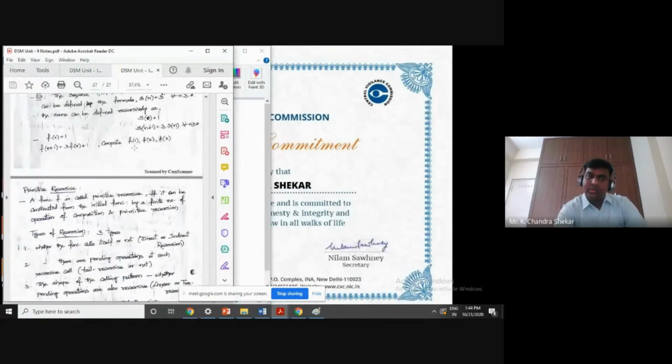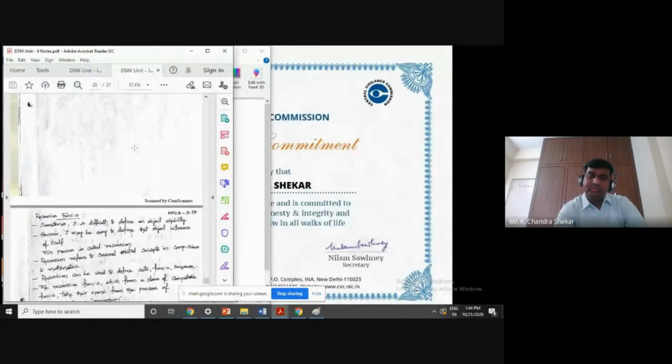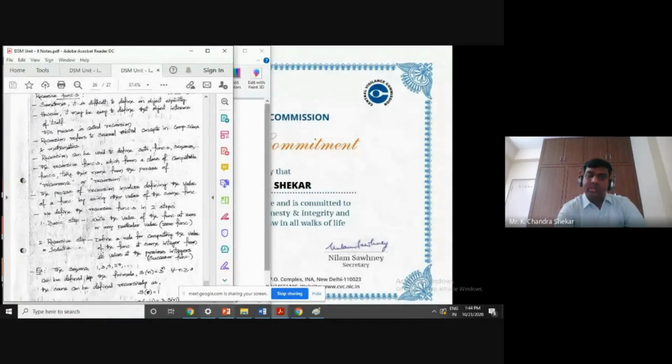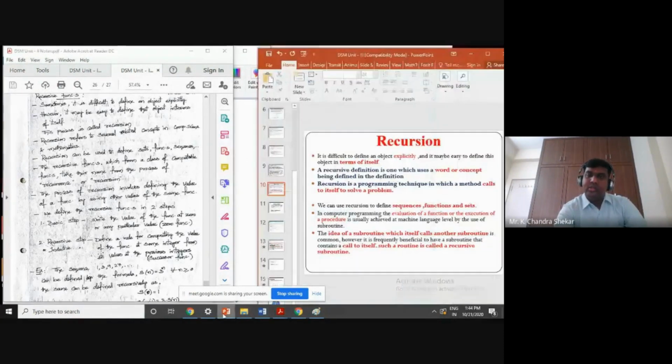Whatever we have discussed, the same point: it is difficult to define an object explicitly, and it may be easy to define this object in terms of itself. Sometimes it is difficult to define, so we define it in terms of itself, and this process we call recursion. Now this point is important.